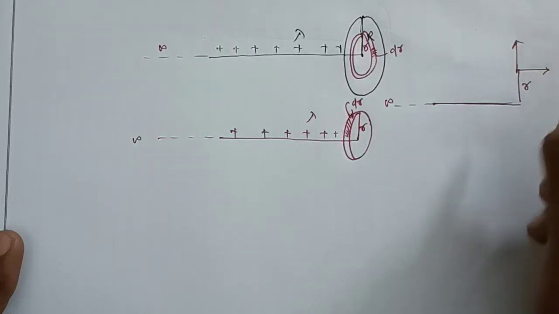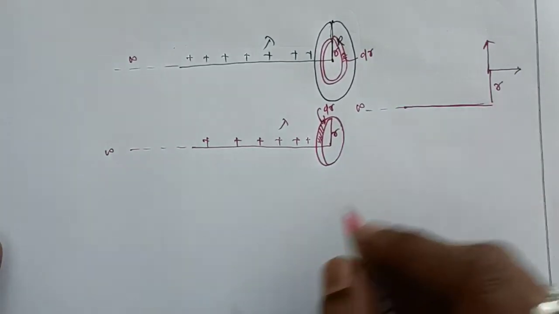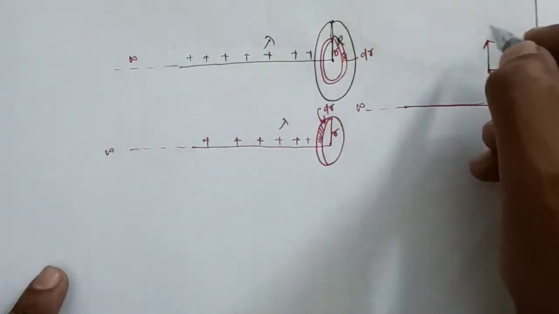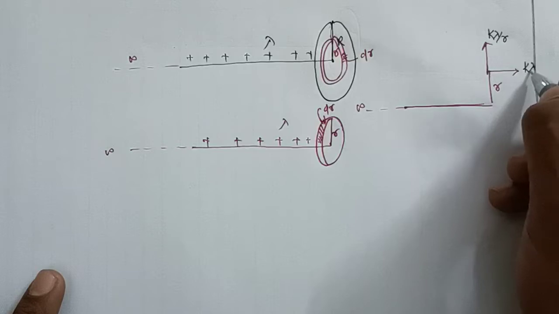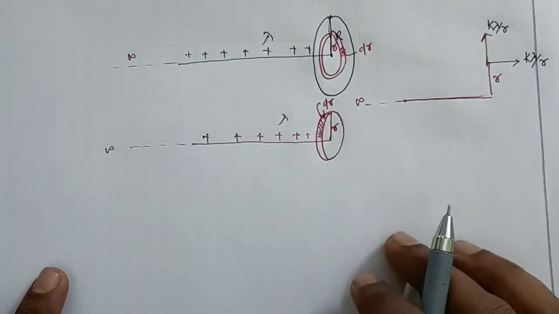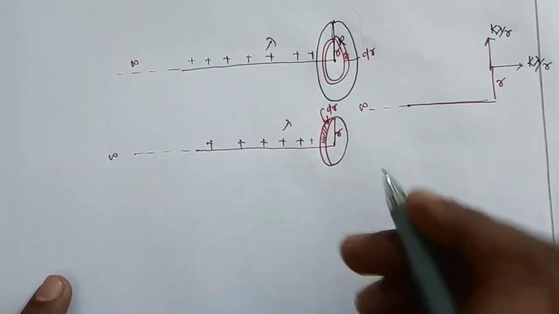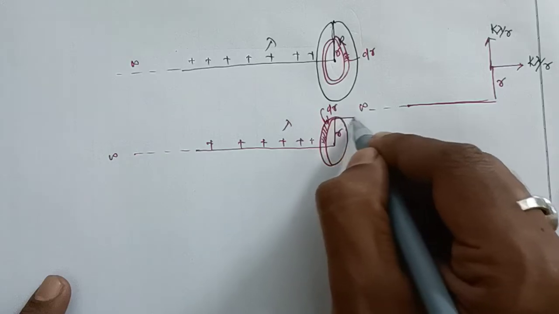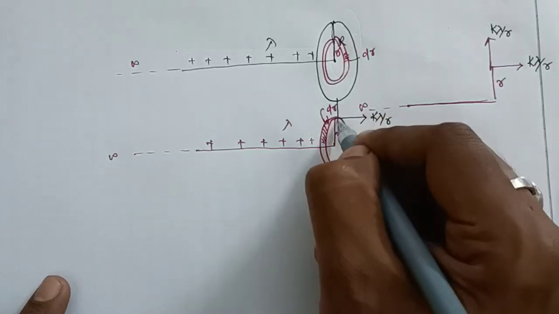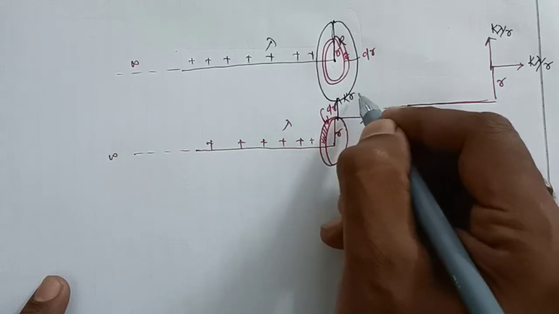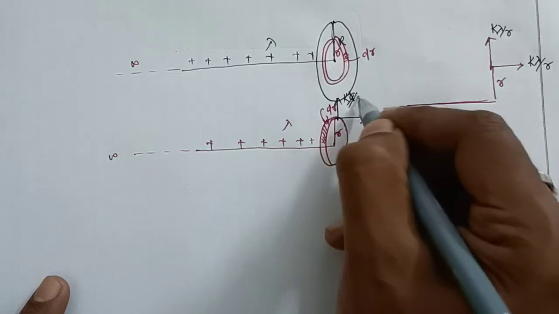One is the perpendicular component, another is the parallel component. The perpendicular component is k lambda by r and the parallel component is also k lambda by r. In exactly the same fashion, here there are two components of electric field, one is k lambda by r, another is also k lambda by r. This is the preliminary information that a student has to keep in mind.